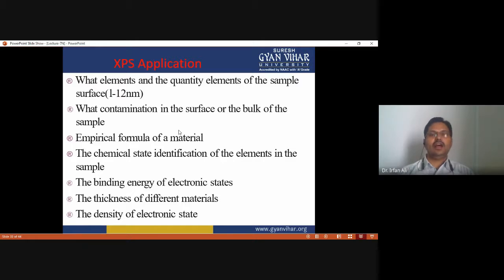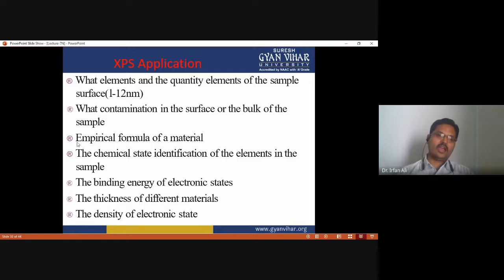So what elements and the quantity of elements in the sample surface up to 1 to 12 nanometers, and contamination in the surface or the bulk of the sample, and the empirical formula of the material we can determine. The chemical state identification of the elements in the sample, and the binding energy of electronic states we can determine by the use of XPS.